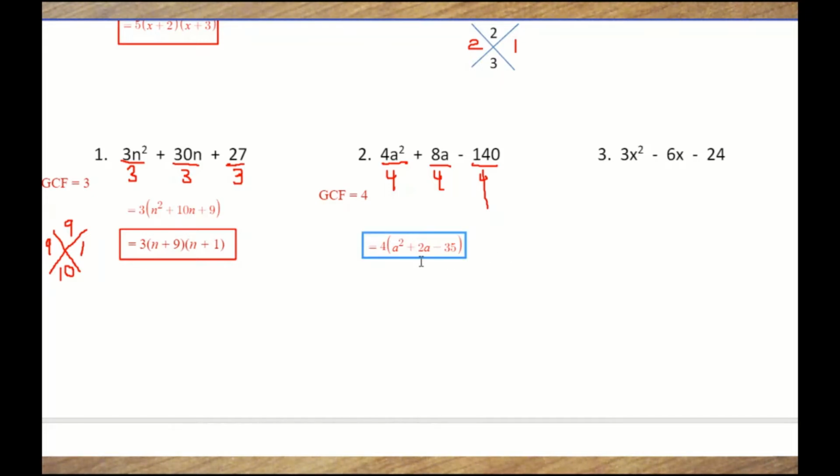Okay, so there we go. And after that, we need to do our little big X. We're trying to find 2 numbers that multiply to negative 35, add up to 2. And that would be 7 and negative 5.